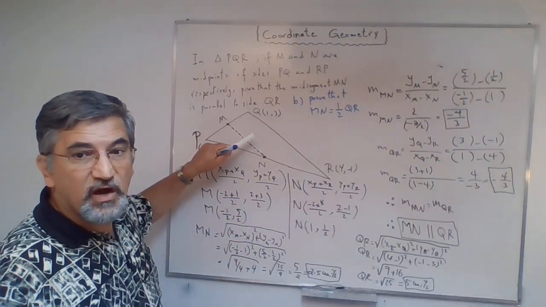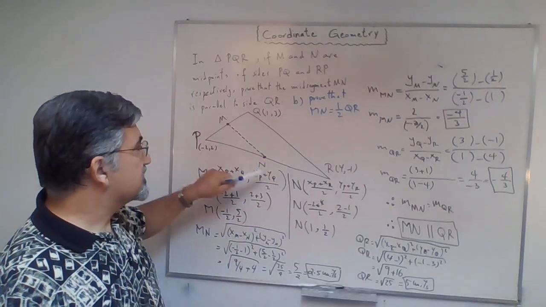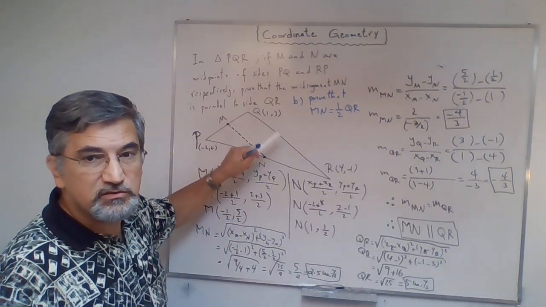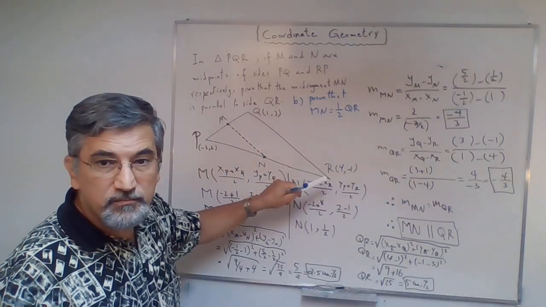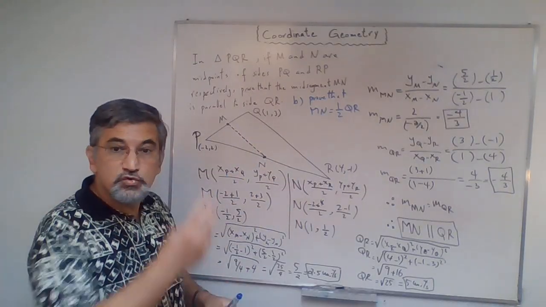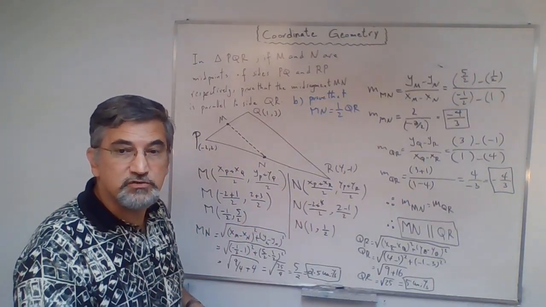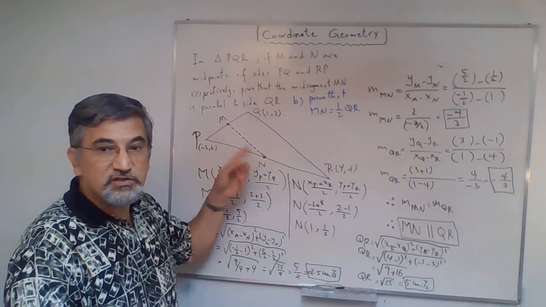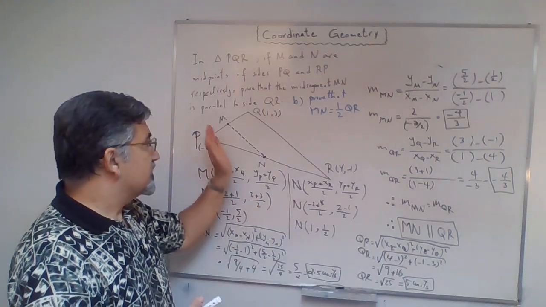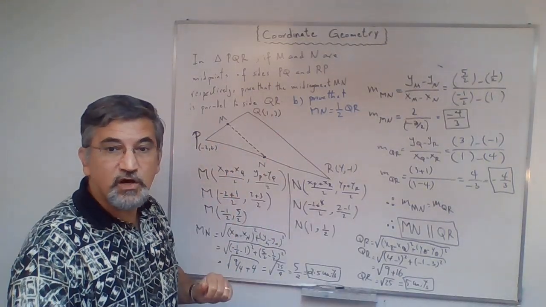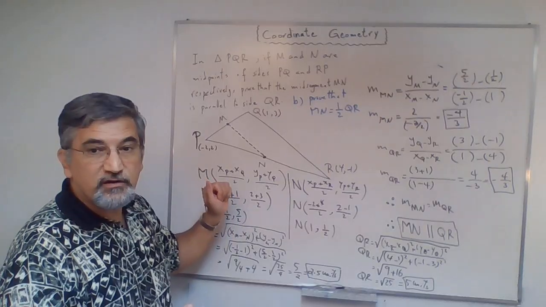But then besides, in part A, we showed that the mid segment actually is parallel to side QR. So basically, mid segment has two properties. That's what we learned by doing this question. The mid segment in a triangle has two properties. Property number one, it is parallel to the third side of the triangle.